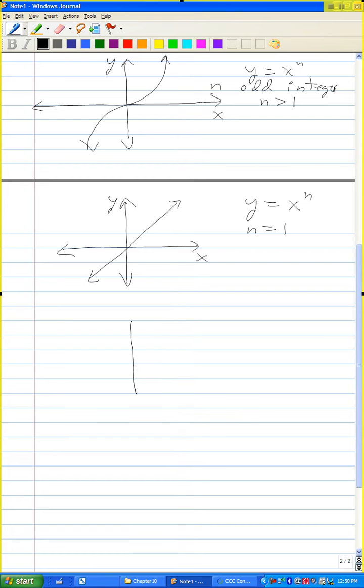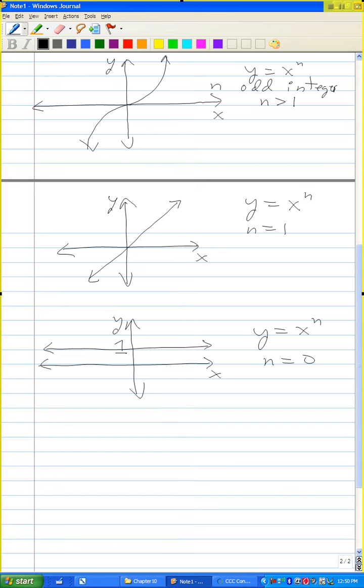Next. Suppose I want to graph y equaling x to the n, where n in this case is 0. In this case, it'll just be a horizontal line, and it'll pass through the point y equaling 1.